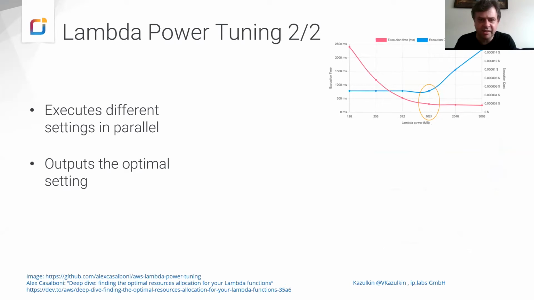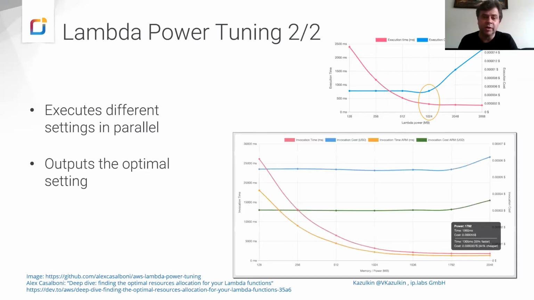You have the best memory to price relationship, because if you give more memory, then the duration of the function won't decrease that significantly anymore, but the price will go up. So this is the sweet spot. This is quite a useful tool. It's currently more complicated because previously there was only one architecture, x86.